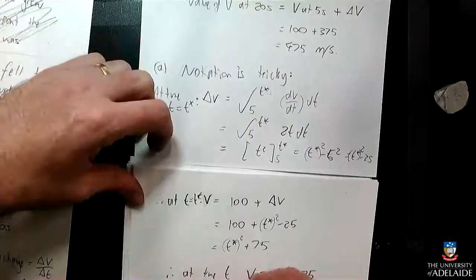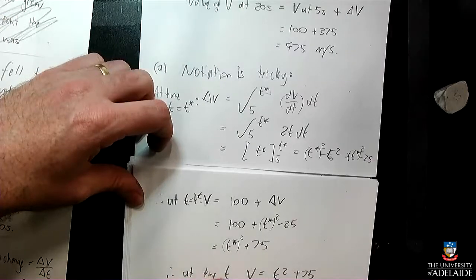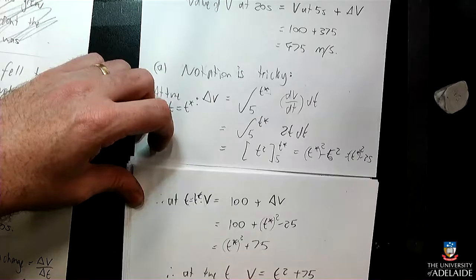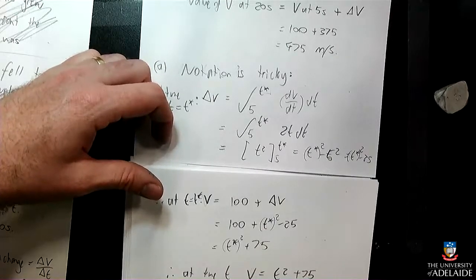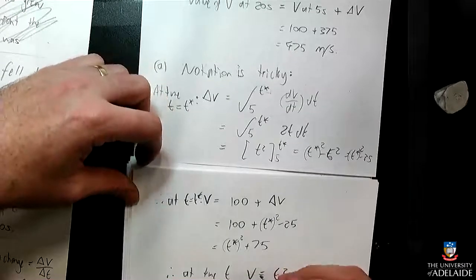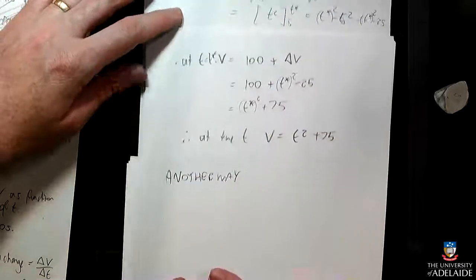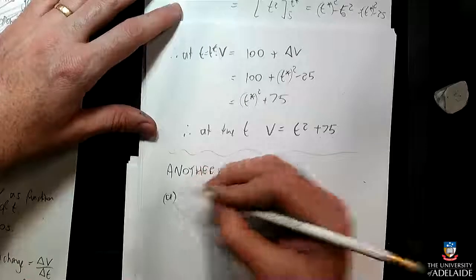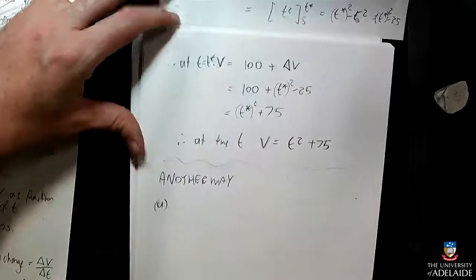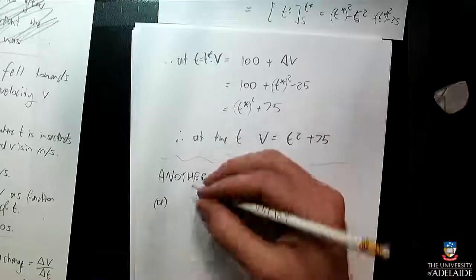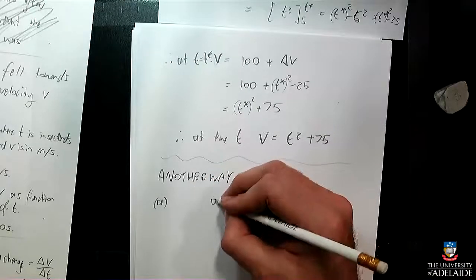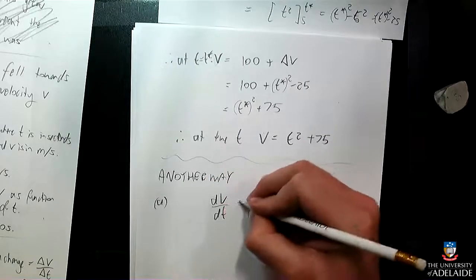So that's a bit hard, but another way, which I think is easier, is to do this. So for A, I would just write down that dv on dt is 2t.